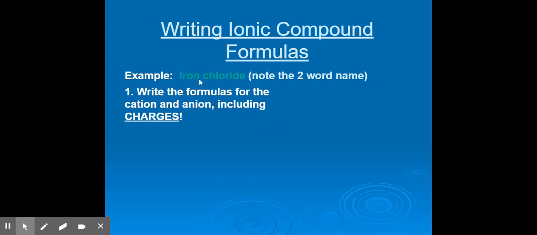All right, so the first one is iron chloride. So I know that chlorine is going to be the anion. Again, iron is going to be a transition metal, so I have to actually look at the periodic table to get this charge. And then chlorine, because it's a halogen, I know exactly what that one is. I'm going to see if they're balanced, and this one is 3+, and this one is 1-, so they're not balanced. I do always put the positive one first, cation first, anion second.